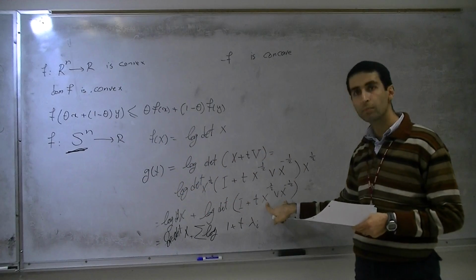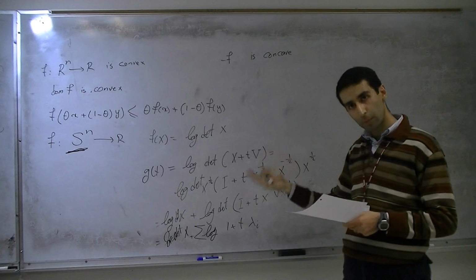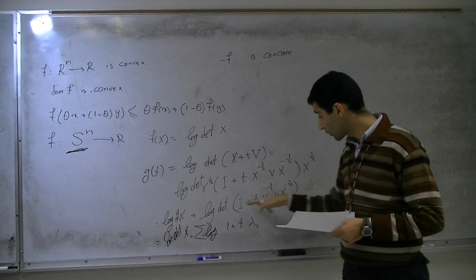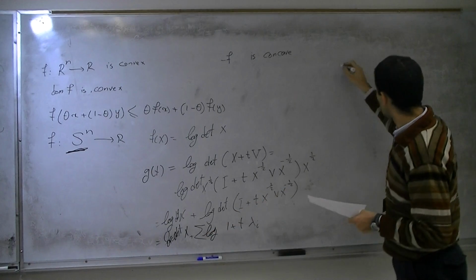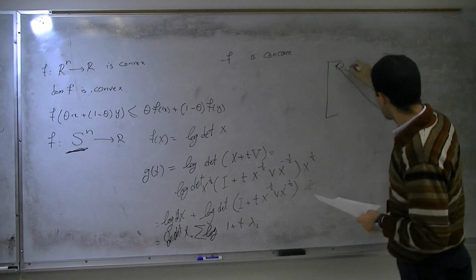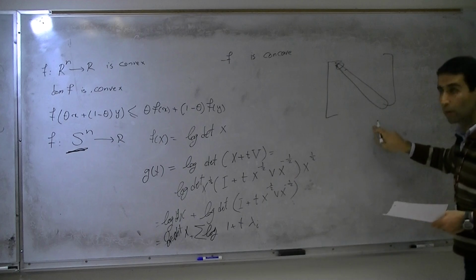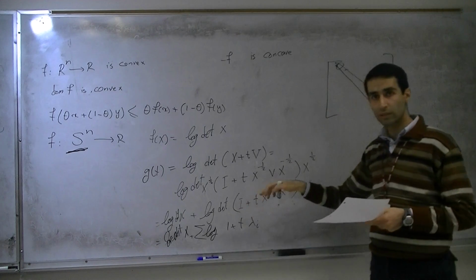Therefore this term is positive, plus 1 again is positive. The determinant keeps it positive, because for this matrix, all values here are the eigenvalues, and if you multiply all of them, and we know the matrix is positive semi-definite.